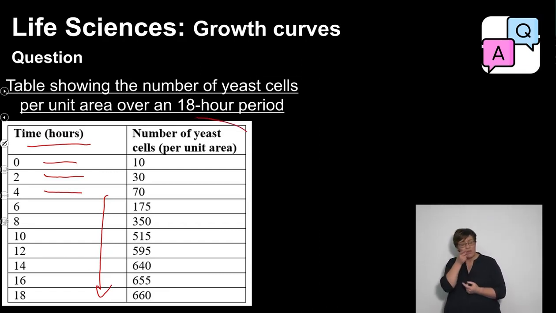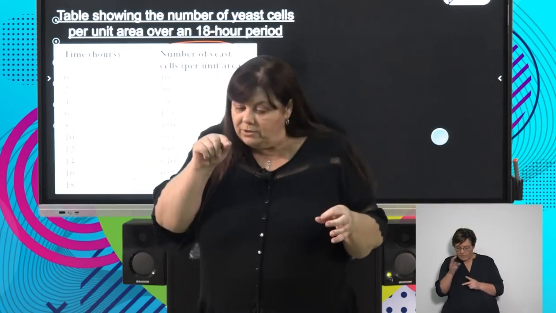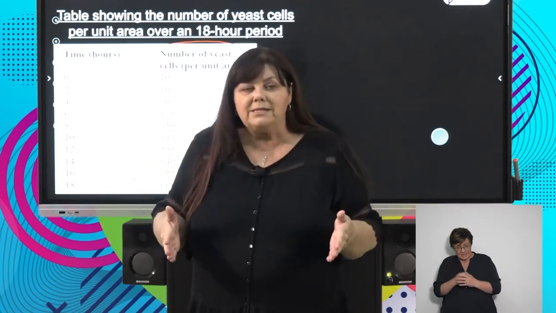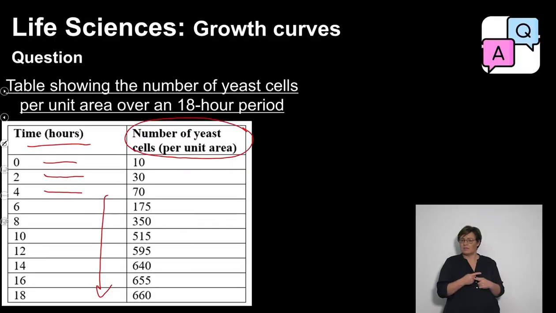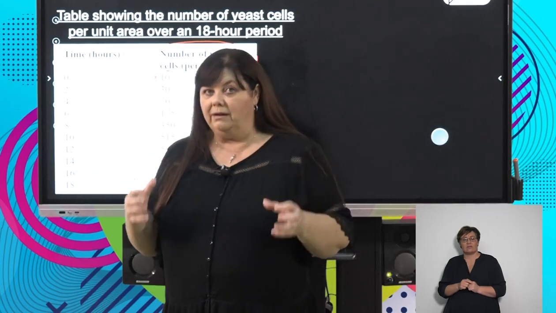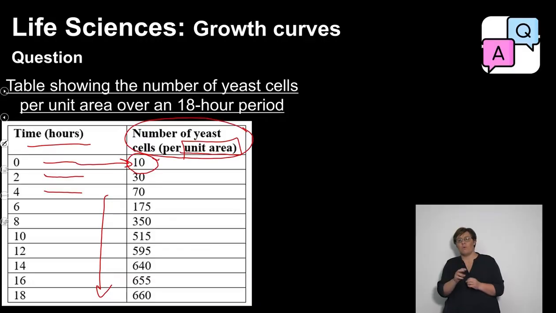What information we were measuring was counting those little yeast cells. We're actually sitting going 1, 2, 3, 4, we're counting those cells down the microscope. And at the beginning, time 0, we find in our unit area, which is going to be remaining constant throughout our investigation, we see we had 10 yeast cells.